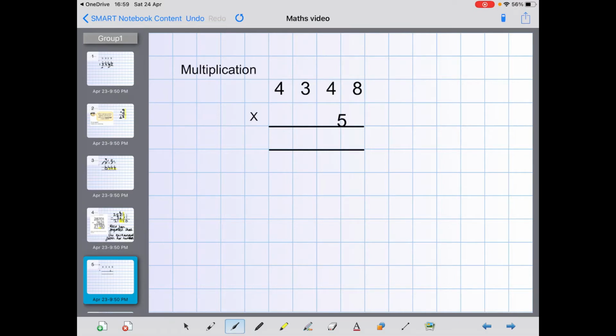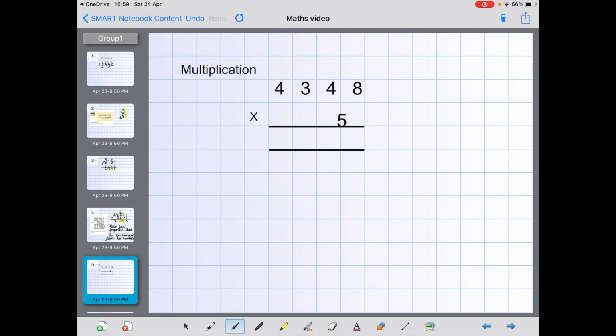In Year 5, in multiplication, children are expected to multiply 4 digits by a 1-digit number, but also multiply 4 digits by a 2-digit number. So in this example, we will be first of all doing 4 digits by a 1-digit number, and then in the next slide, we will go on to complete a question involving multiplying by a 2-digit number.